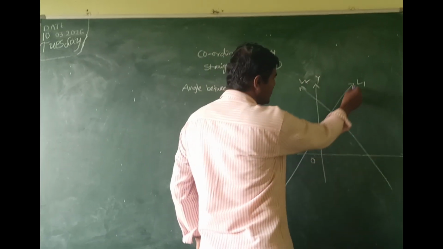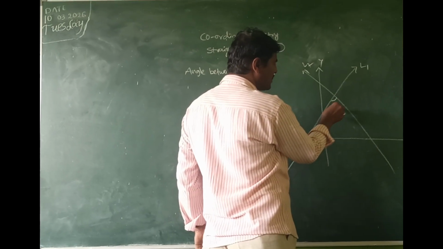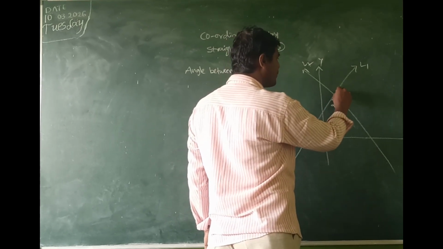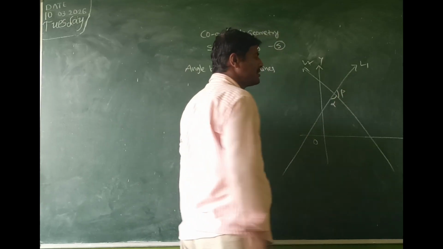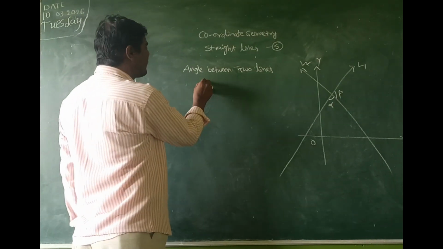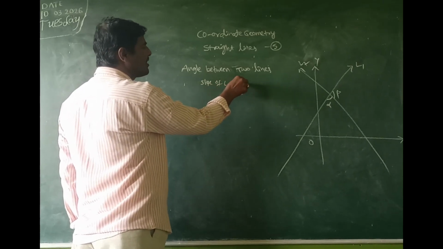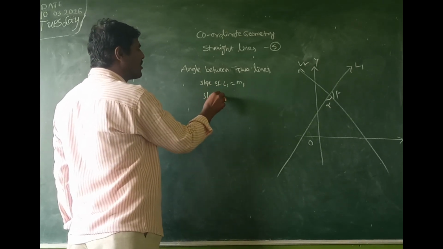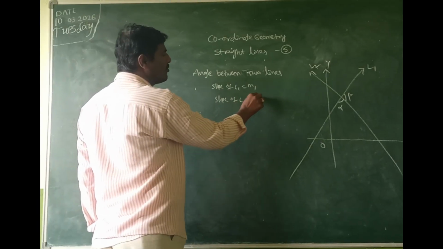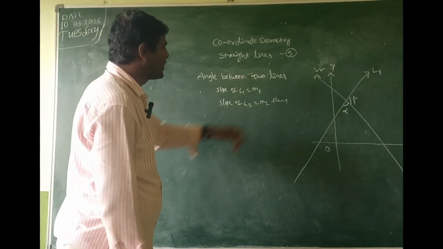L1 makes an angle of alpha, and L2 makes an angle of beta. The slope of L1 equal to m1 and the slope of L2 equal to m2.